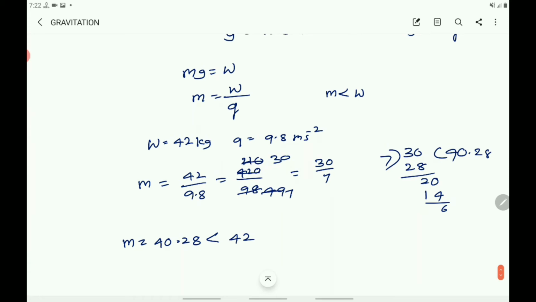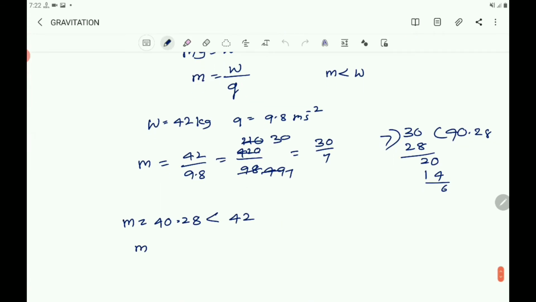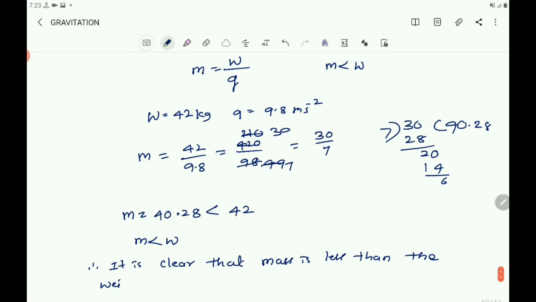So it is clear that m is smaller than W. Therefore, it is clear that mass is less than the weight of the object.